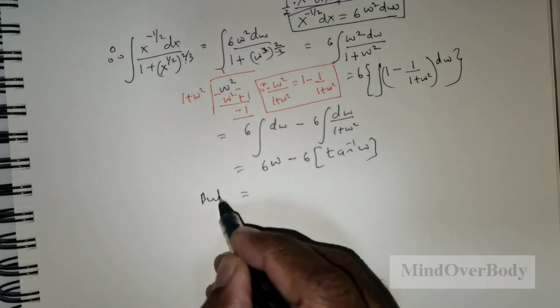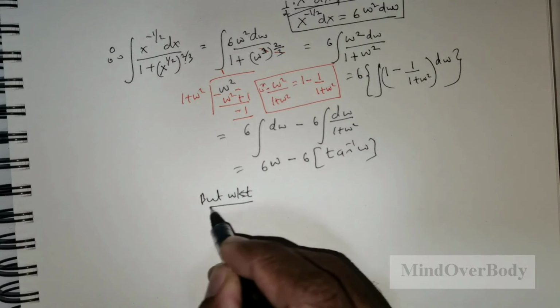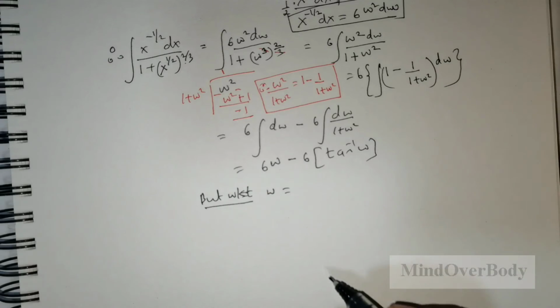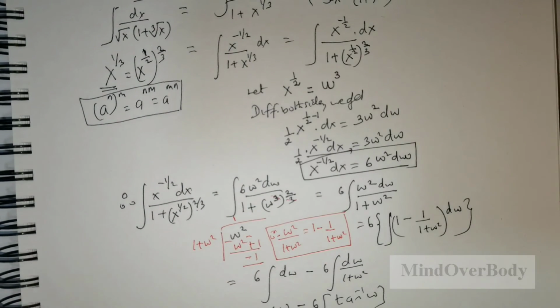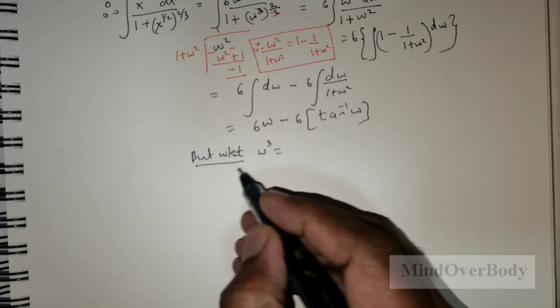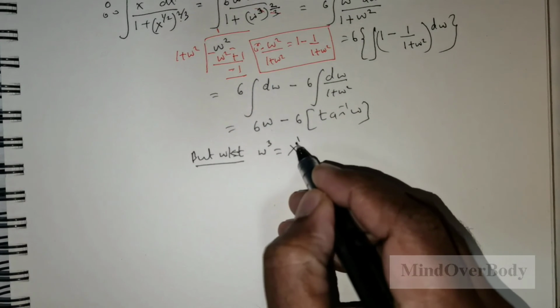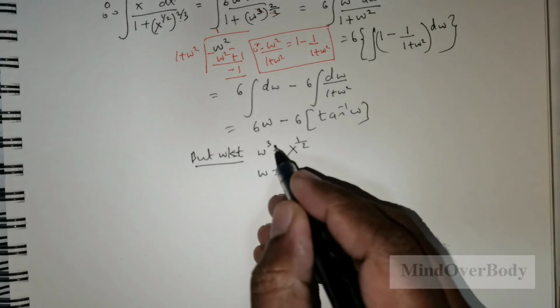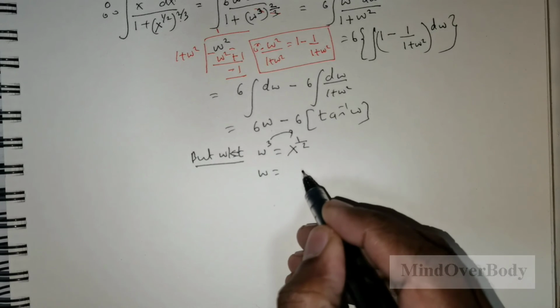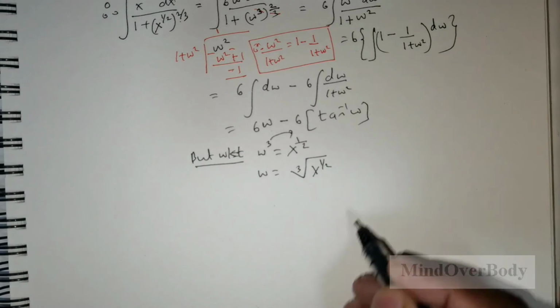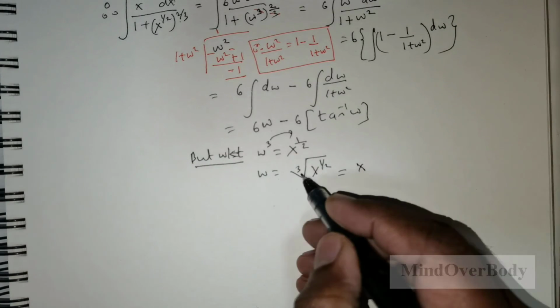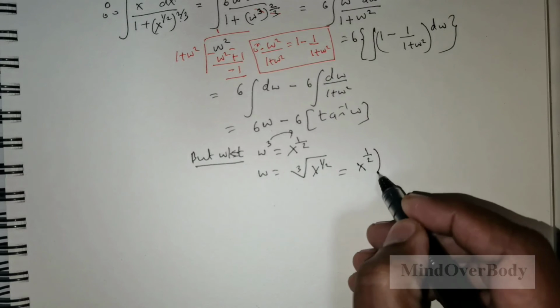But we know that w cubed is x raised to the power 1/2. So w is going to be, you move the 3 to the other side, that will become the third root of x raised to the power 1/2, which can be rewritten as x raised to the power 1/2, and it's a third root, right?